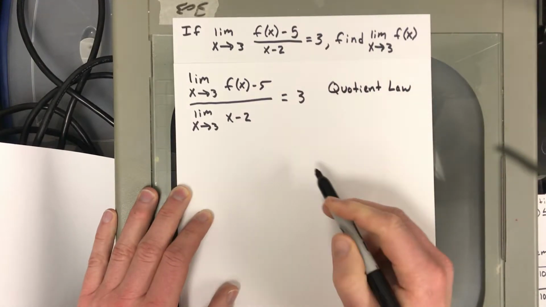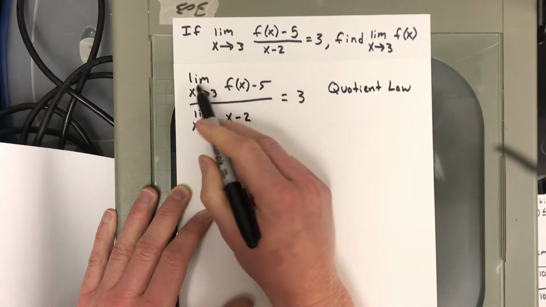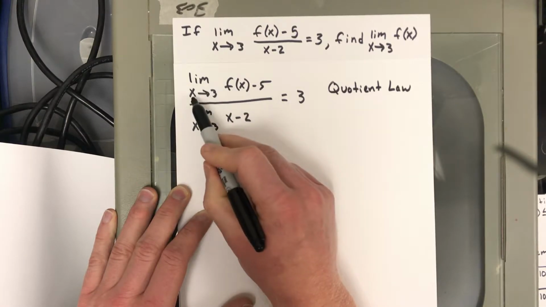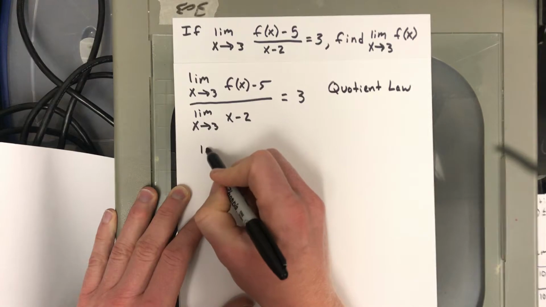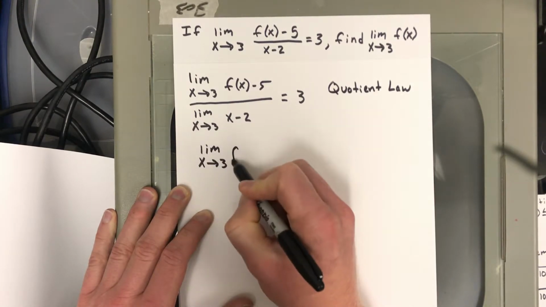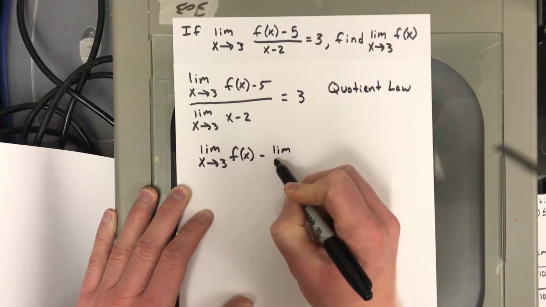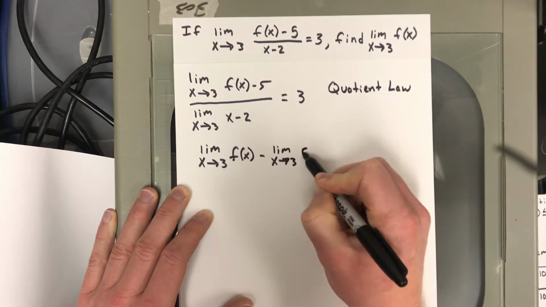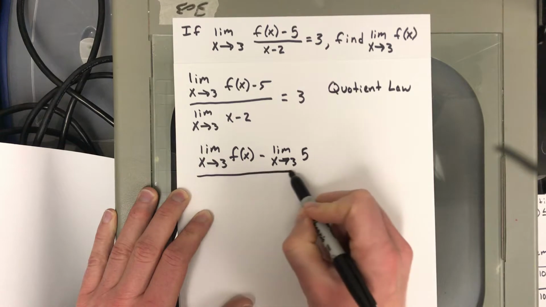So now from there I'm going to use the difference law. If I have the limit as x approaches 3 of f of x minus 5, that's really the same as the limit as x approaches 3 of f of x minus the limit as x approaches 3 of 5. And that's going to be the same on the bottom.